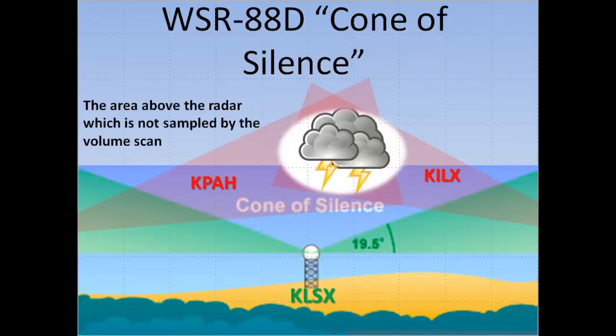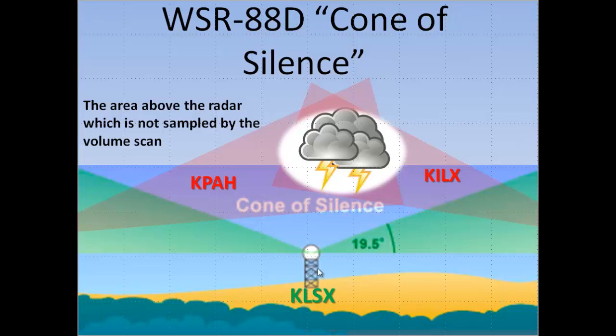One of the limitations of weather radar is that it can't really see what's directly above it, and this is just a little diagram to show that. In St. Louis, for instance, our radar is within about 20 miles of the city.